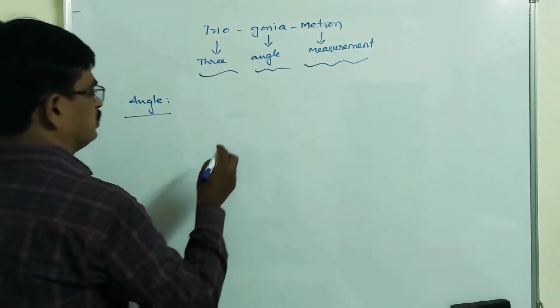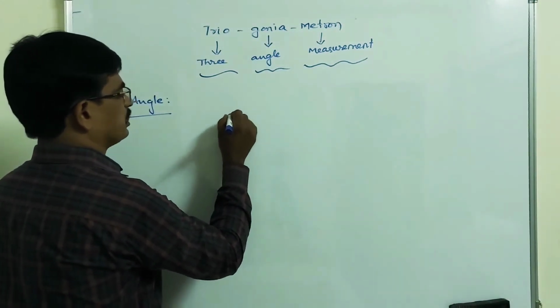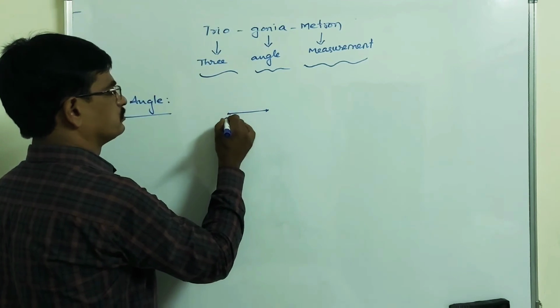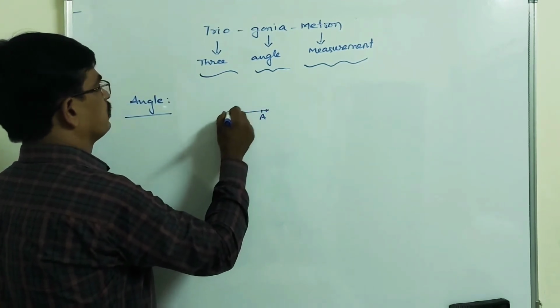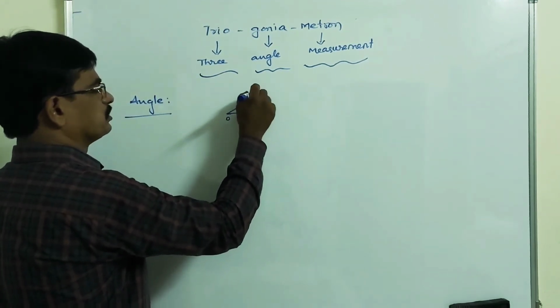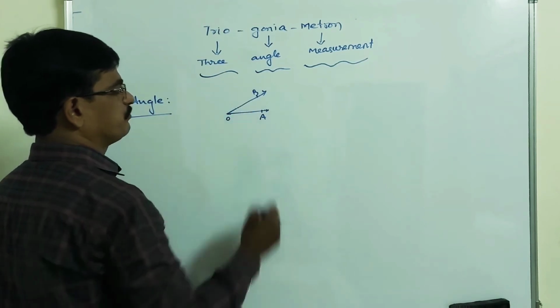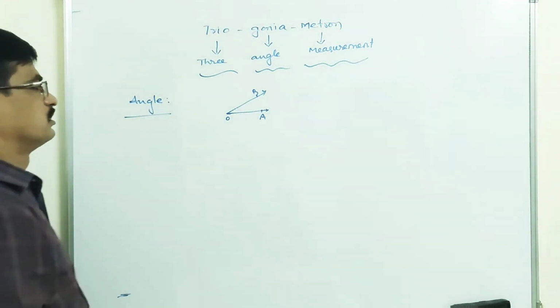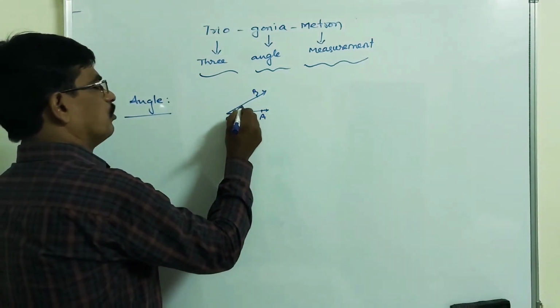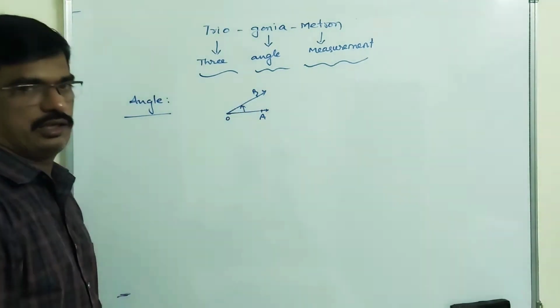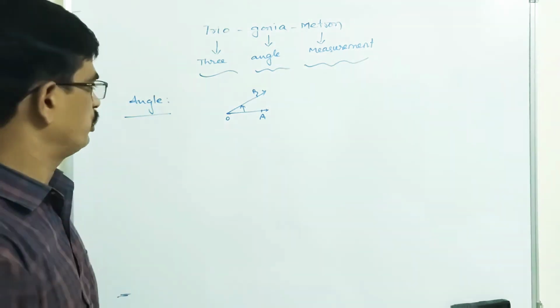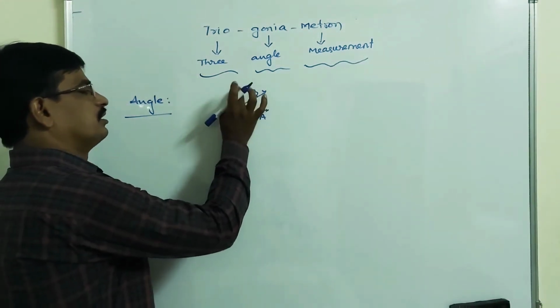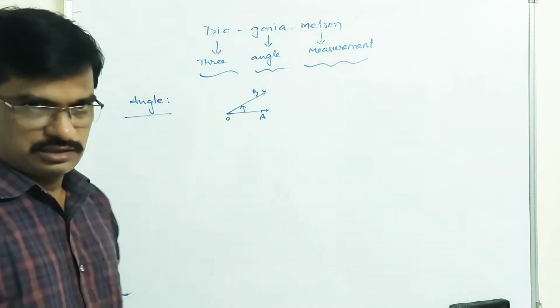If you take ray OA and ray OB, OA is a fixed ray, OB is a terminal ray. The ray OB makes an angle with ray OA in the positive direction.